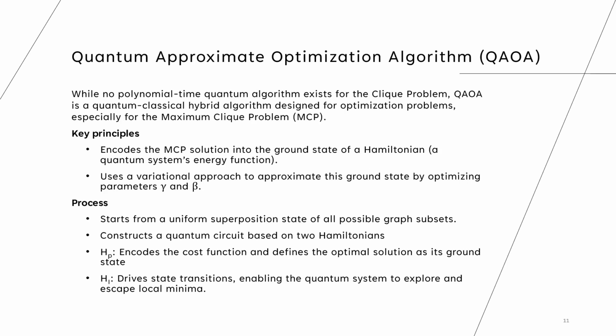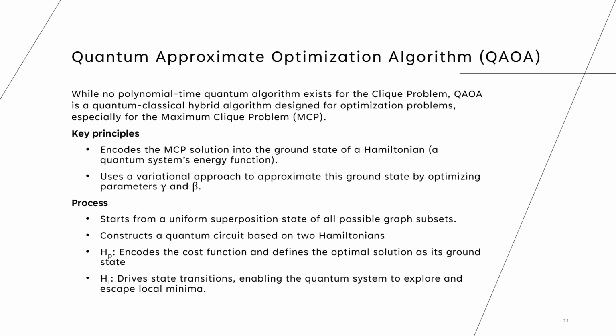In this slide, I want to introduce the quantum approximate optimization algorithm as a quantum approximation. There's no polynomial time quantum algorithm for the clique problem, but QAOA is a quantum-classical hybrid algorithm designed for optimization problems, especially the maximum clique problem. In this method, the key principles are Hamiltonian encoding and variational optimization.